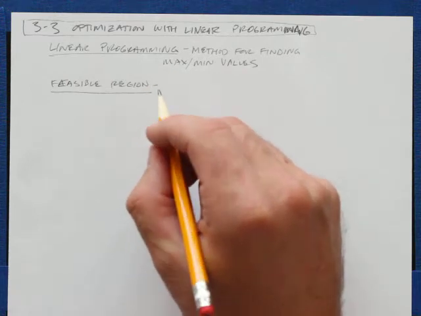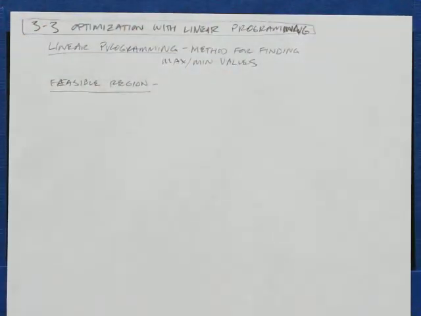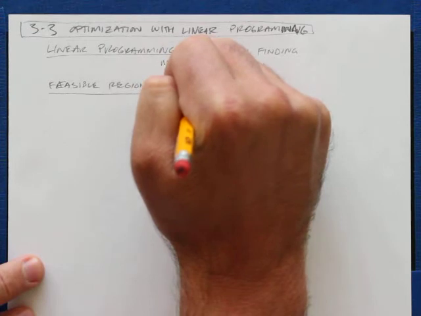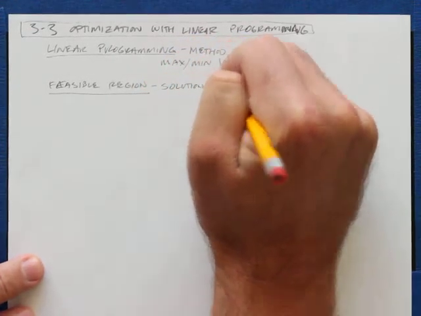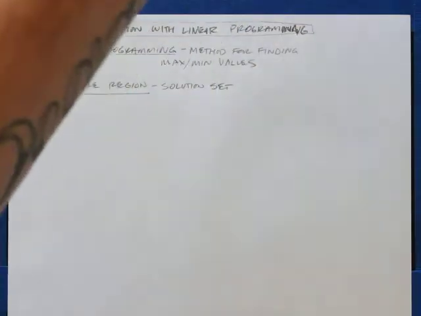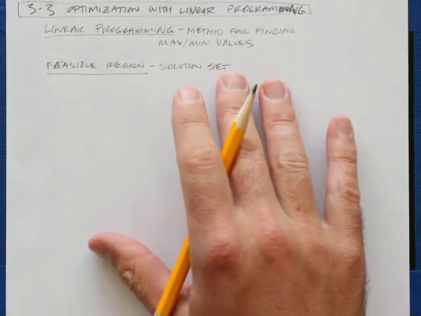What is the best way to say feasible region? Perhaps it's called the solution set, right? Okay, the feasible region is the solution set, yes, of course. And we're going to use that solution set to find where the max and min values are.